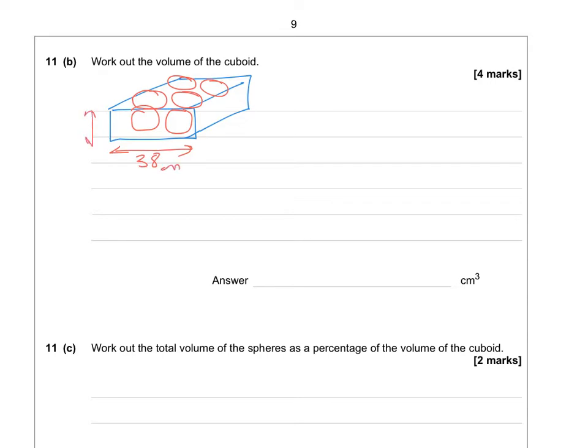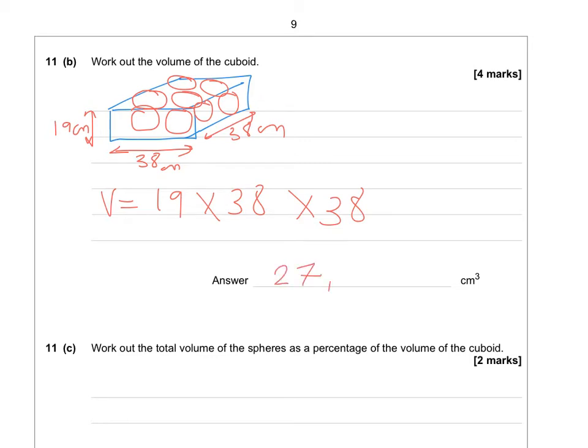The height of the cuboid has got to be the diameter of one of the spheres, which is 19 centimetres. And again, across here, there are 2 spheres worth, so that's 38 centimetres. So the volume of the cuboid is 19 multiplied by 38 multiplied by 38 again. And this comes to a value of 27,400 centimetres cubed.